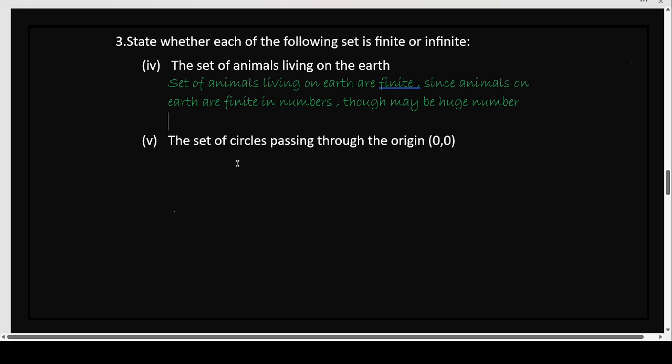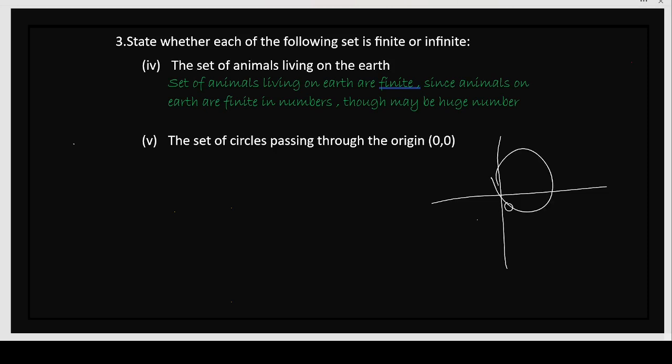The next one, set of circles passing through the origin. So this is the origin. How many circles can pass through this? 1, 2, 3, 4, like that. Yes, circles that can pass through a point are infinite, right?